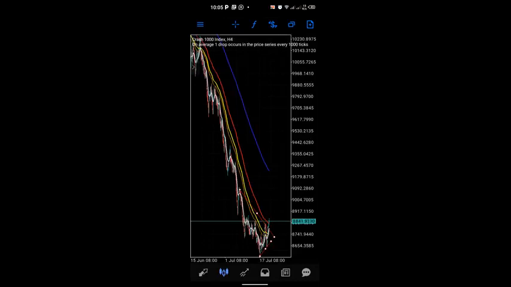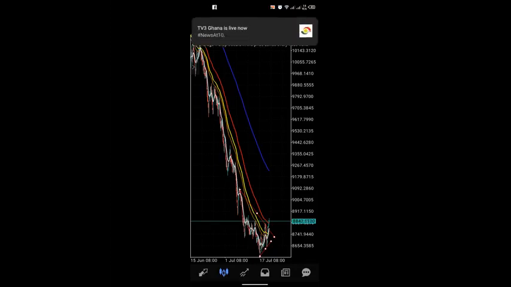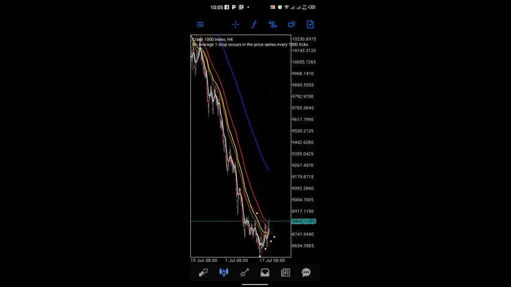So the blue one gives you the summary, but this one goes into details for you. Exactly. And those who know how to use these moving averages never have a problem with market direction. And it works on all time frames.